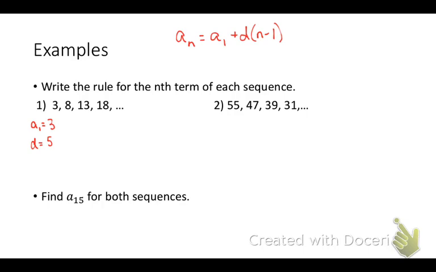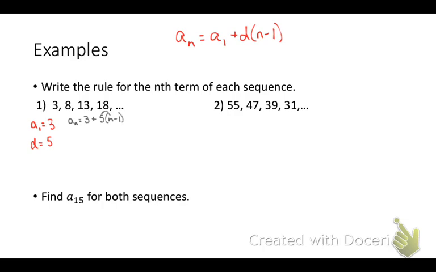Since those are the 2 main things that I have to have, the common difference and the first term, before I can write the rule. So then, whenever I write the rule, I just have a sub n equals 3 plus 5 times n minus 1.